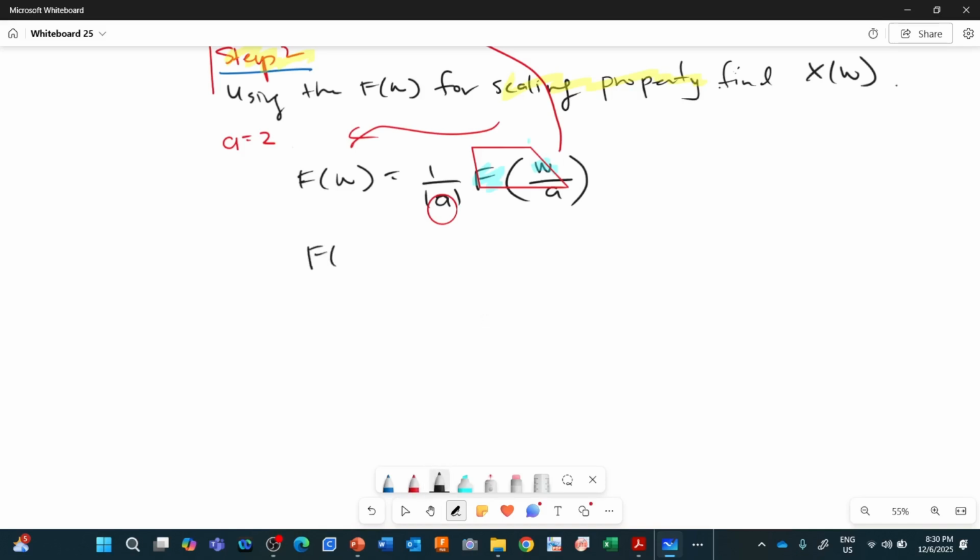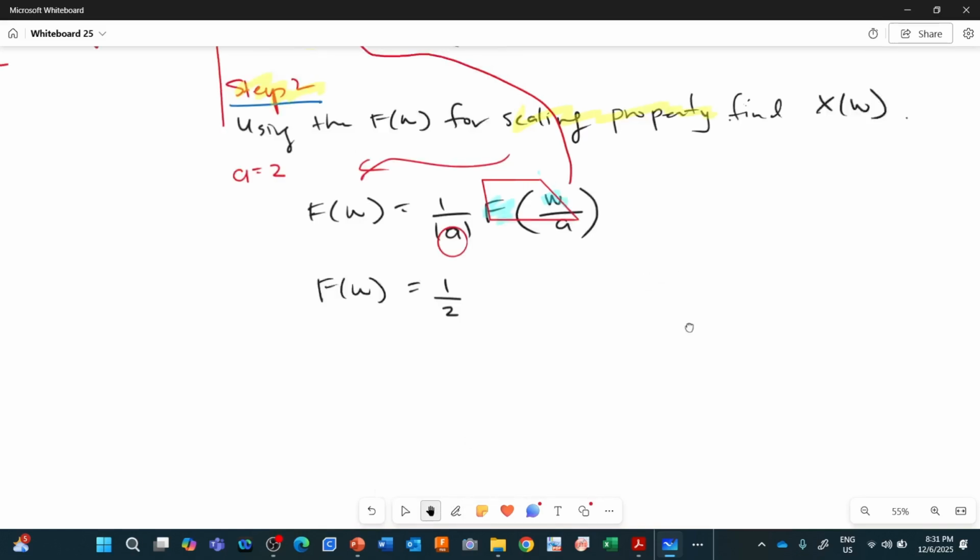So F omega is equivalent to 1 over 2. Okay, so for this case, what is the transformation?